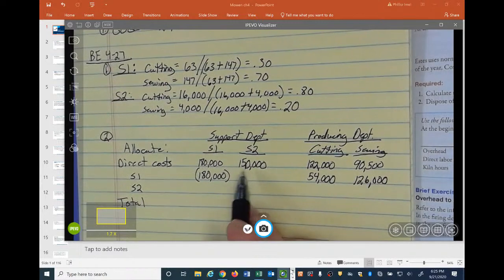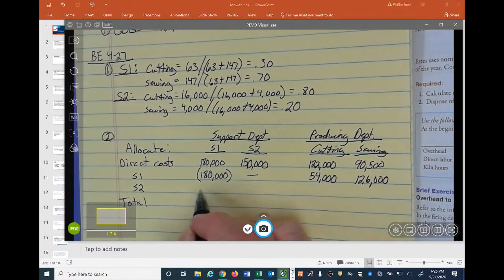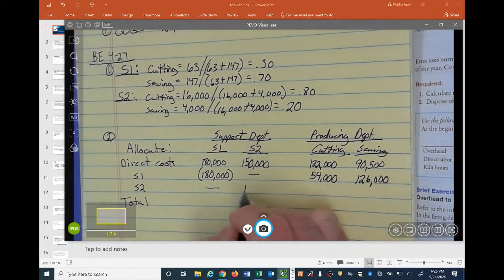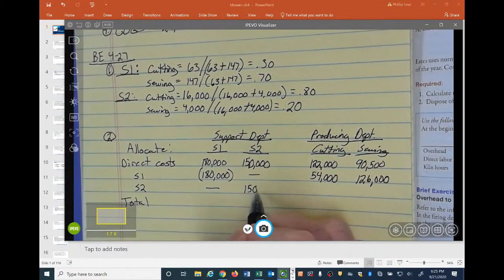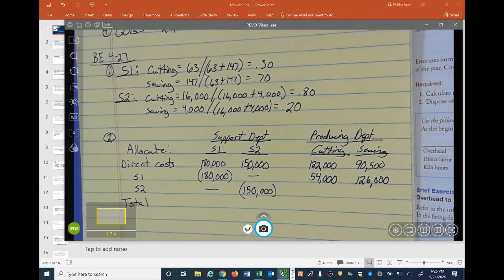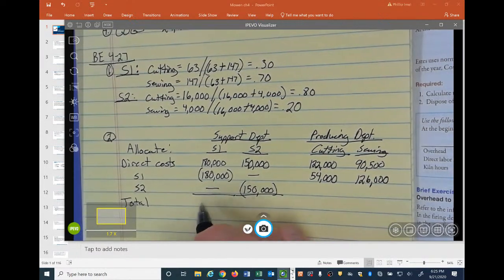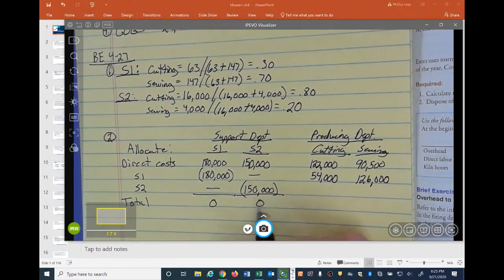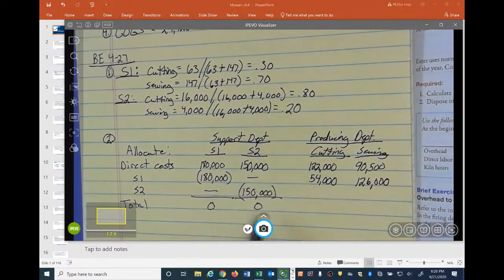So what about S2 now? First thing we want to do is move the 150,000 that's related to S2 over, right? I'm going to go ahead and sum these down so we know that's 0, right? After we move these over.